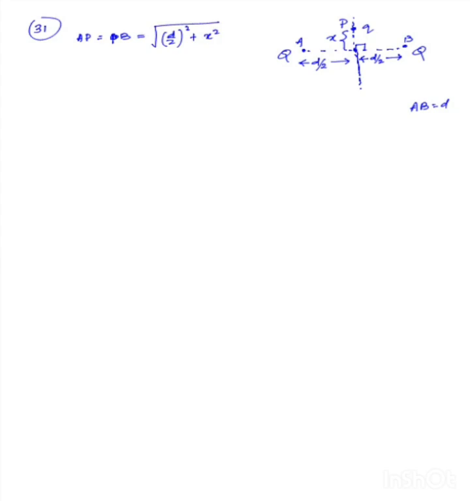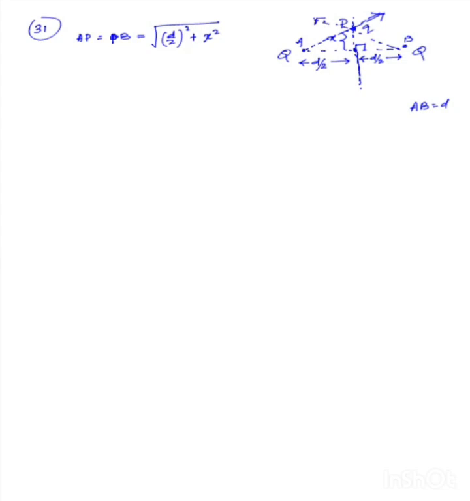That is the distance. Now the charge q will be experiencing a force from the positive charge Q along AP, and also a force along that line from the charge at the point B.